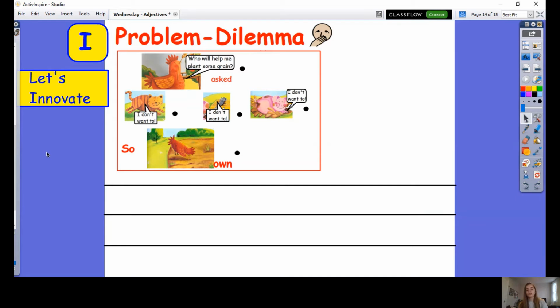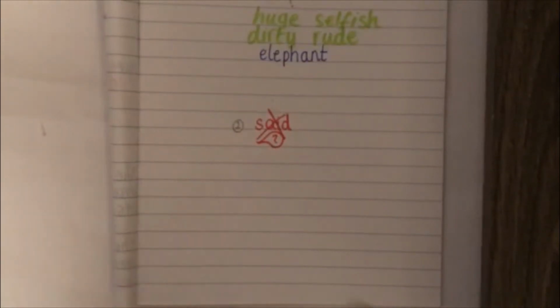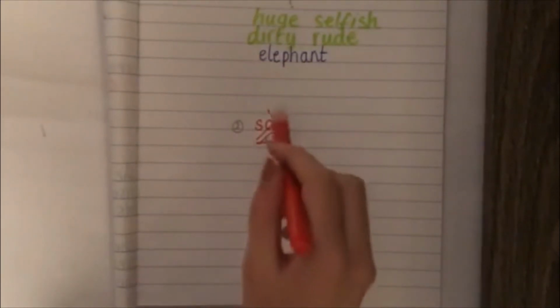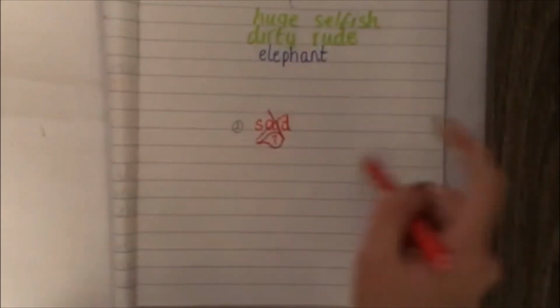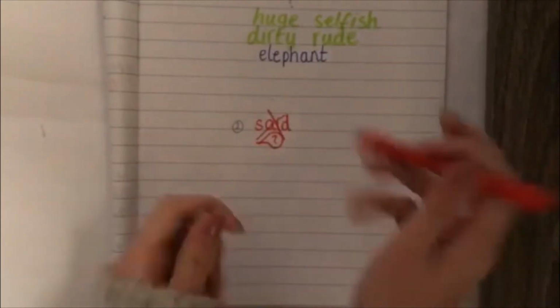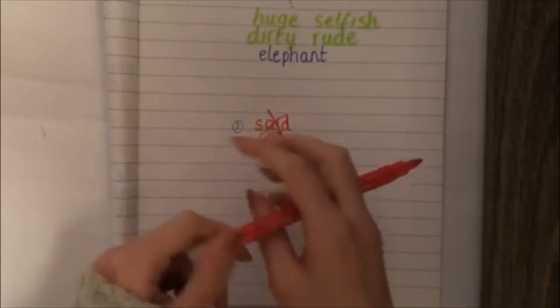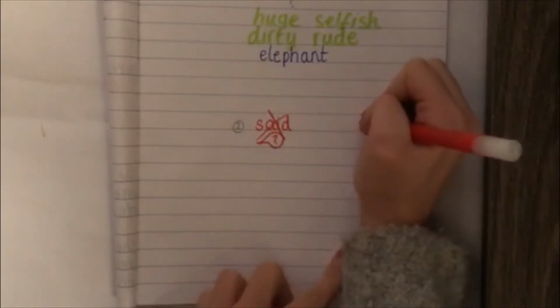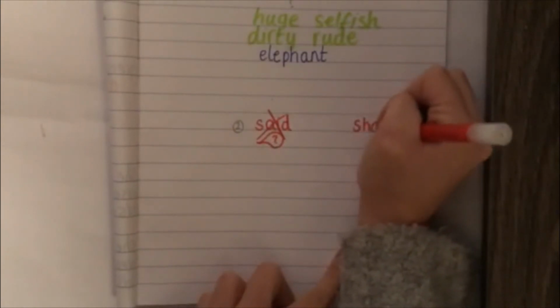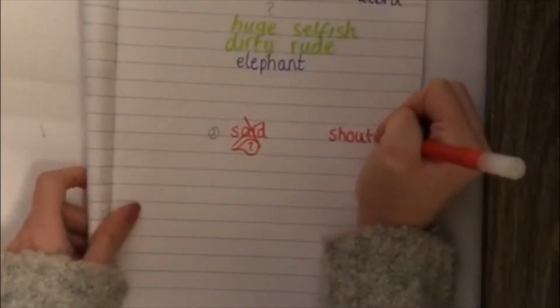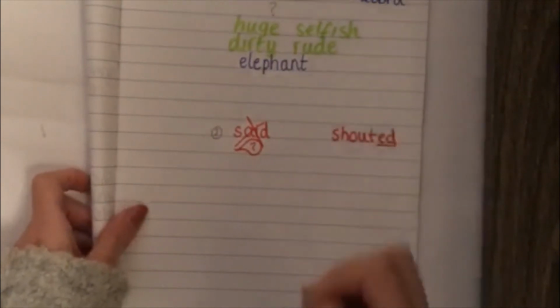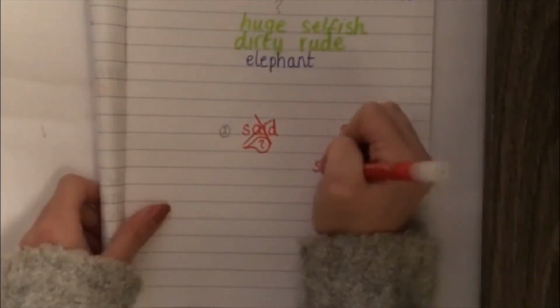Now, remembering what we done last week, you are also going to change the word said. So here I am going to write down my different words for said. So thinking back to last week when we changed the word said, I'm also going to think of other words for said. So I would like my animals to shout, so shouted. Remember it's the past tense, so we're adding ed. Maybe they screamed.